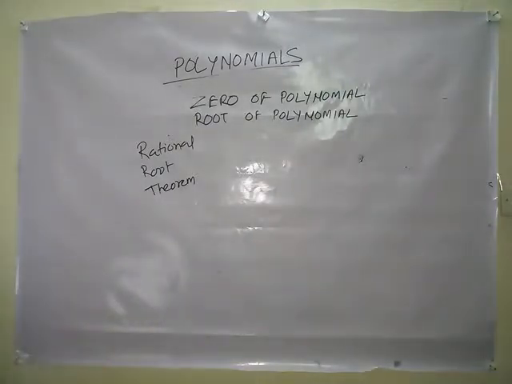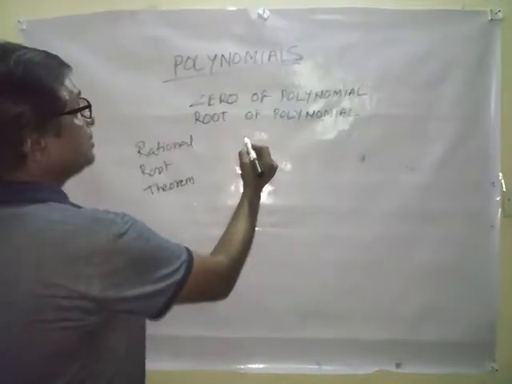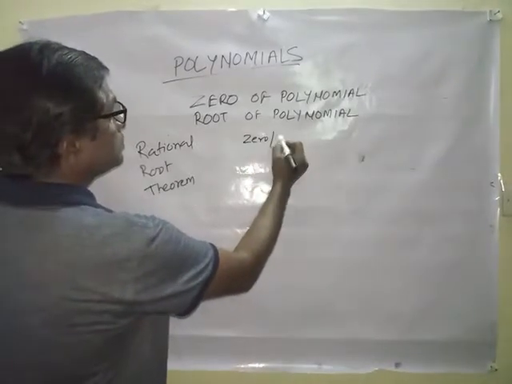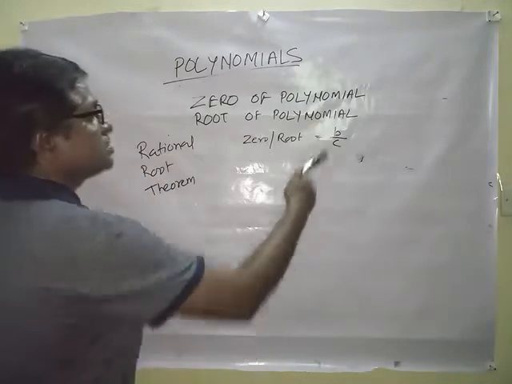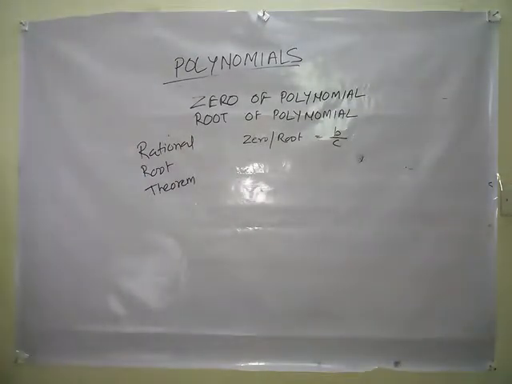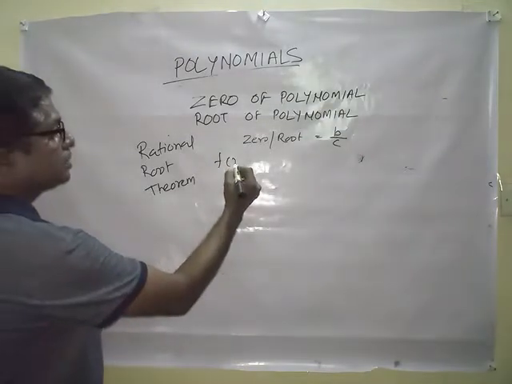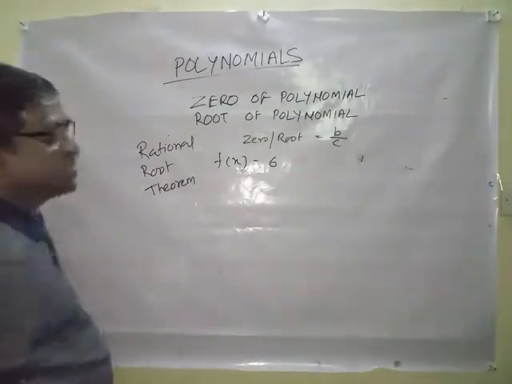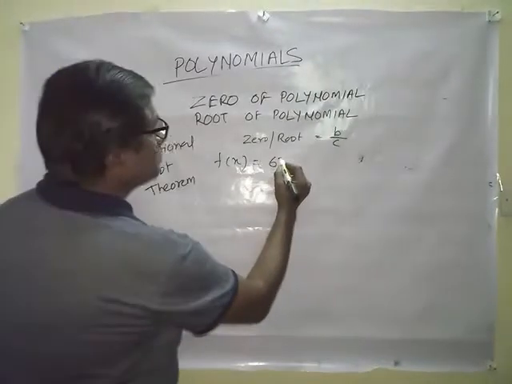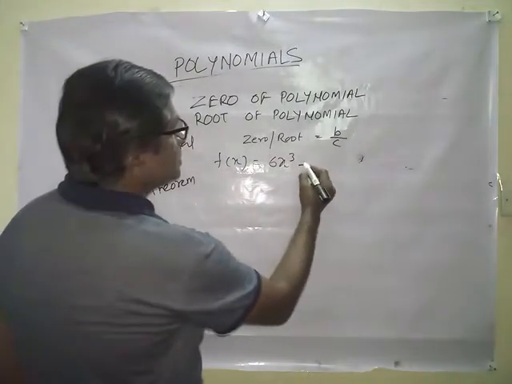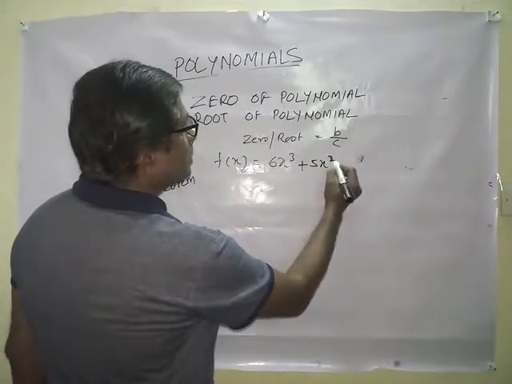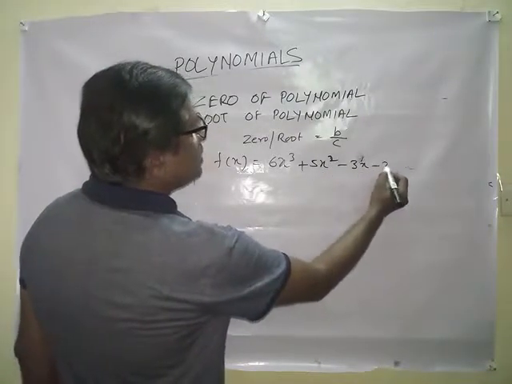In the rational root theorem, I will explain how it works. Say the zero or root will be in terms of b upon c. And suppose your polynomial equation is given: 6x cube plus 5x square minus 3x minus 2.